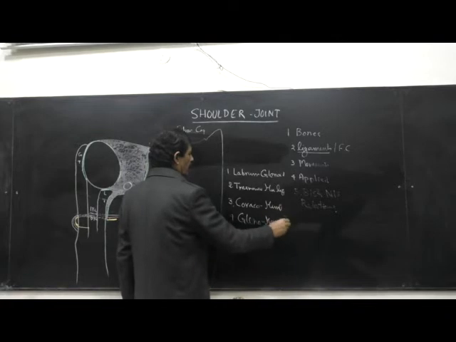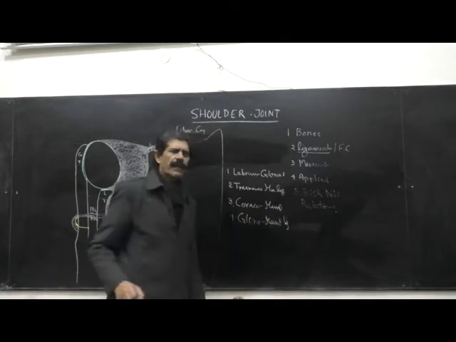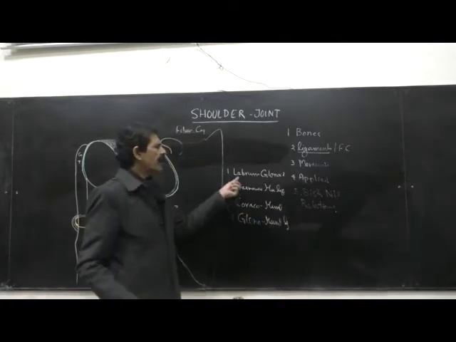So among these ligaments, the labrum glenoidale is inside the fibrous capsule.